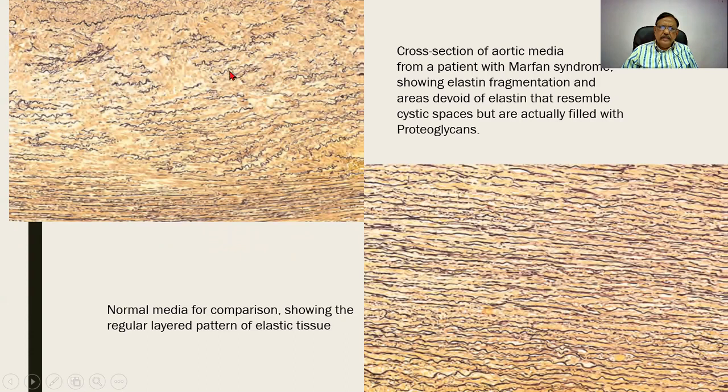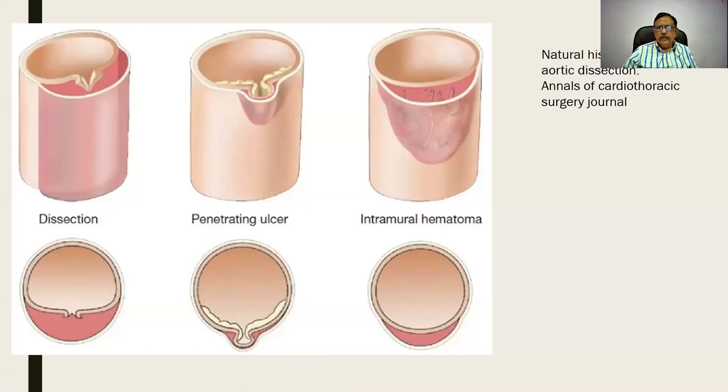You find that there is a rupture of it because of the defective collagen and elastic fibers. And so there is a weakness. Because of this, the blood will flow into this region, causing a dissection. Again, a series of pictures over here showing the dissecting aneurysm.